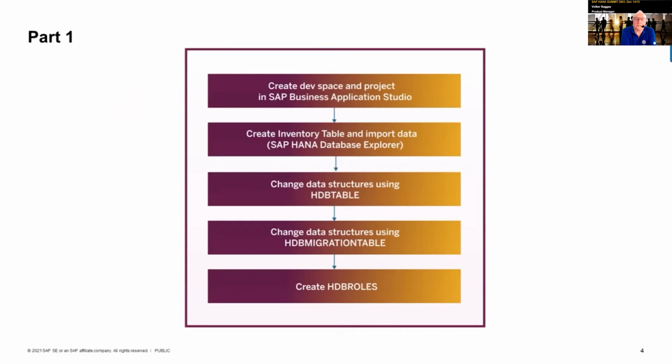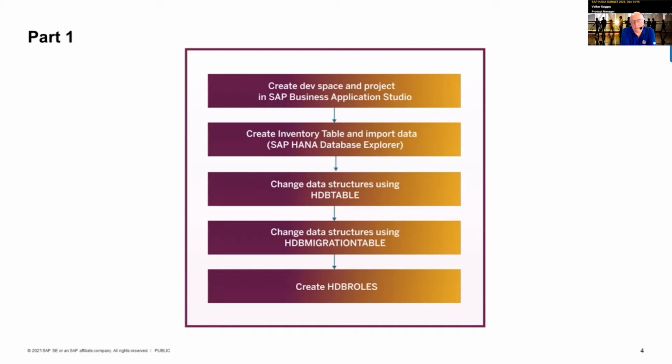So what we are going to do today, we will create a dev space and a project in SAP Business Application Studio. We call it BAS, Business Application Studio. And then I want to create a table. It's an inventory table just to have some data in it, some volume. We will import the data in the Database Explorer that has the capability. And then we come to the topic we are really doing today.